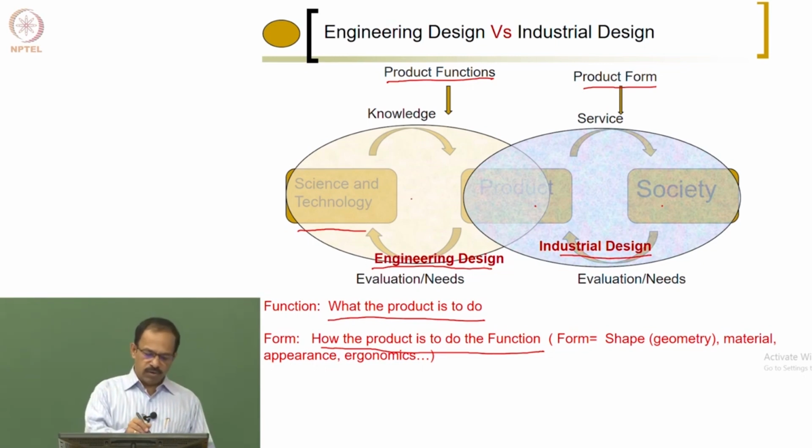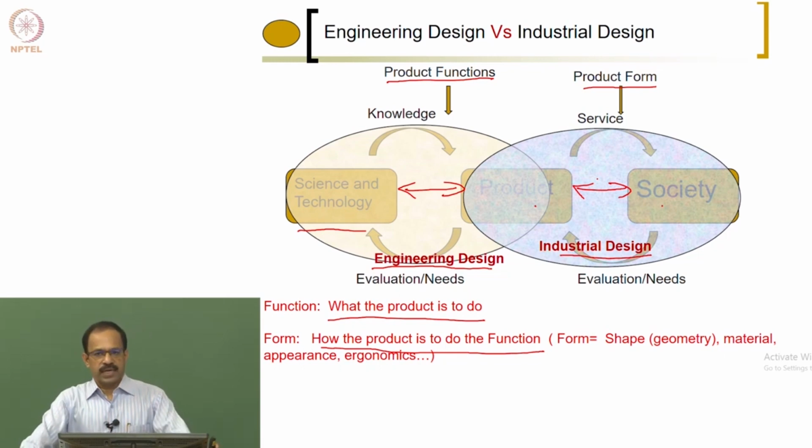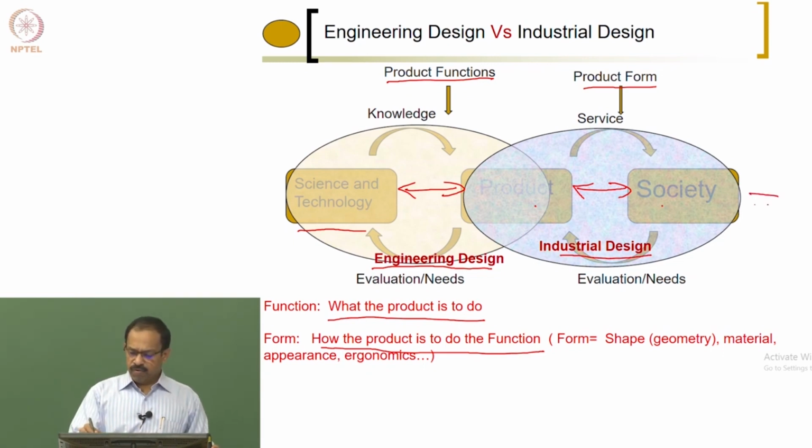So when you don't have this link, the product will be a prototype which will be available in the laboratory, which nobody can use. People won't be able to use it directly, but when it is connected like this, then you have a product which can actually go to the market. So when engineering designers and industrial designers work together, you have a fully usable product coming out to the market.